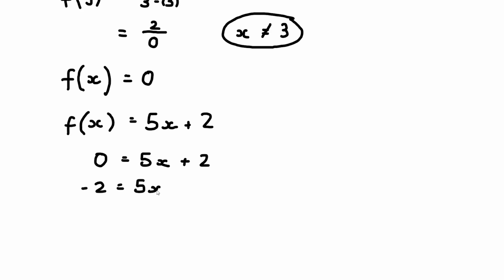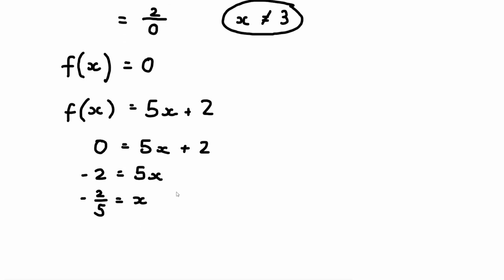And then we will divide both sides by 5, which means that the root of this function is minus 2 over 5. And that's all you need to know. You just need to understand domain, range, and how to find the root of a function.